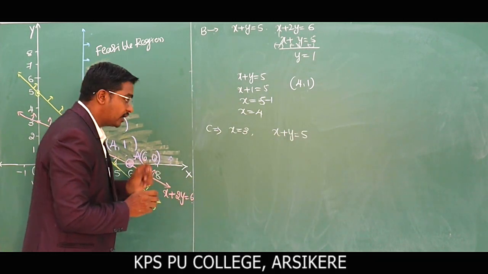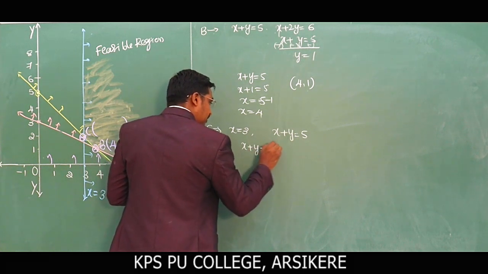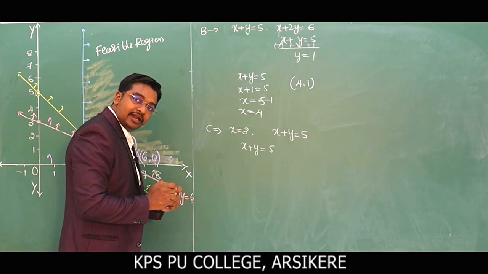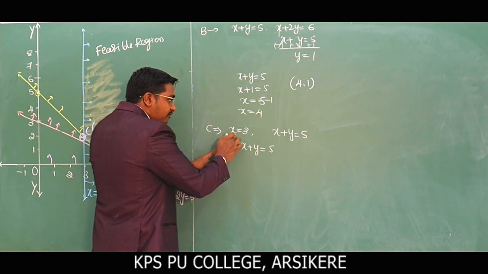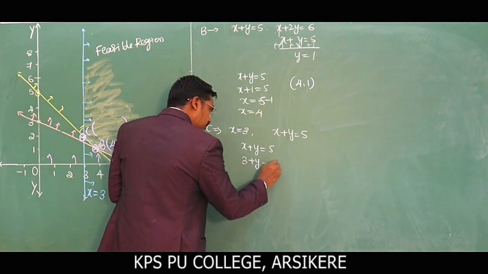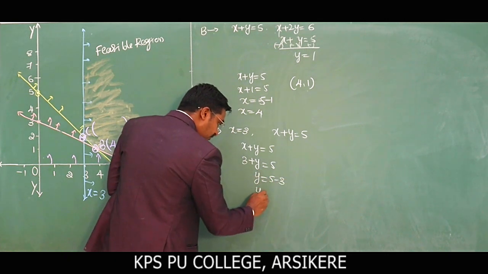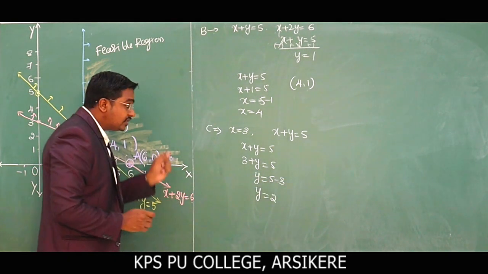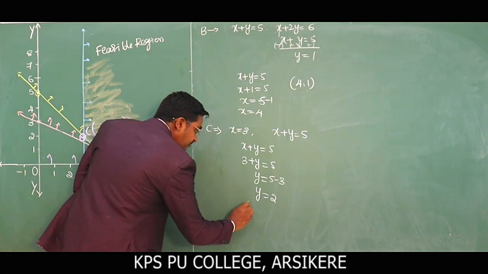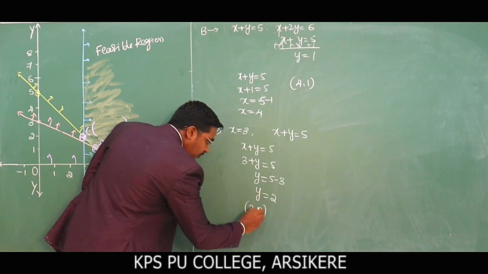Next, in x plus y is equal to 5, substitute x is equal to 3 directly. So 3 plus y is equal to 5, y is equal to 5 minus 3, so y is equal to 2. The point of intersection of these two lines is x is equal to 3 and y is equal to 2.